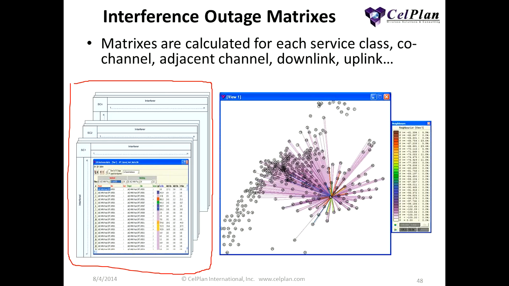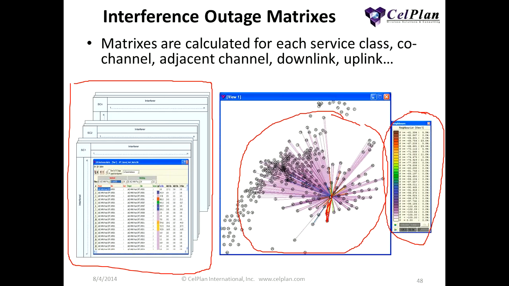This results in what we call a series of interference matrices. Those interference matrices give the relationship, the availability, between every single transmitter pair in the network. And this can be depicted graphically, showing the availability of different transmitters.